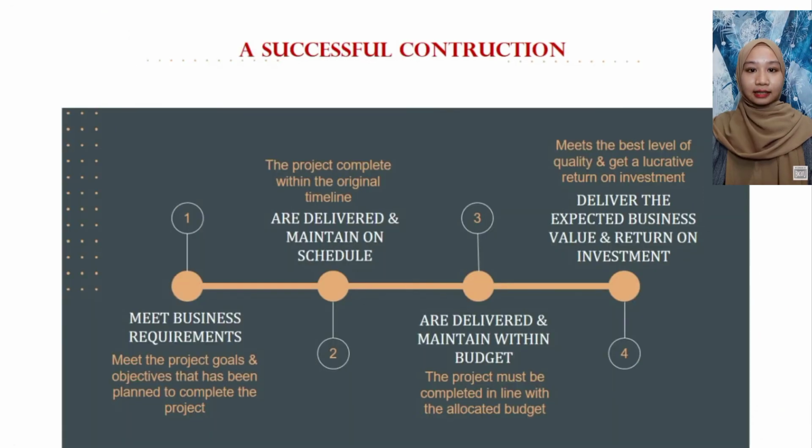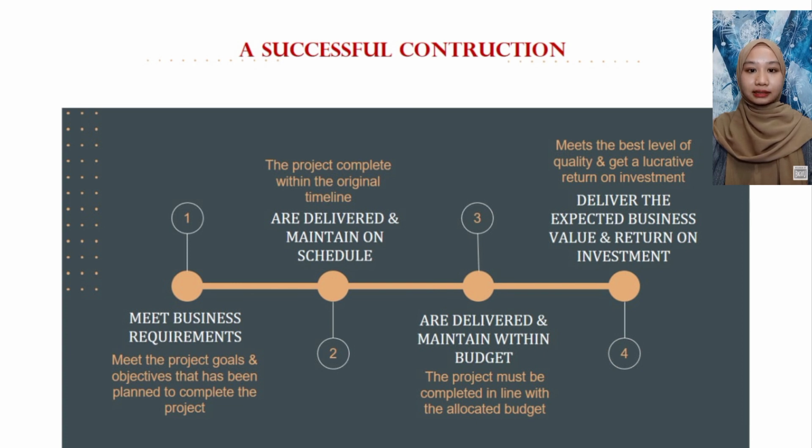A successful construction. In construction, the successful completion of a job is accomplished through effective project management. First, meet business requirements. A successful construction must meet the project goals and objectives that have been planned to complete the project. 2. Deliver and maintain on schedule.